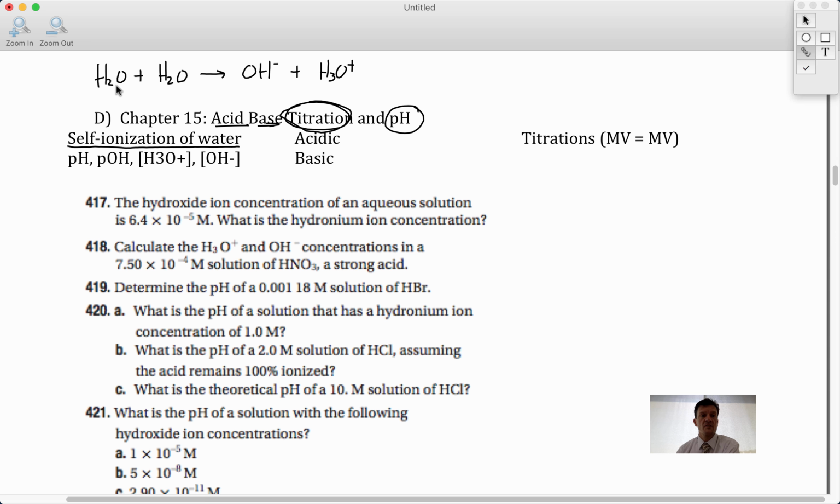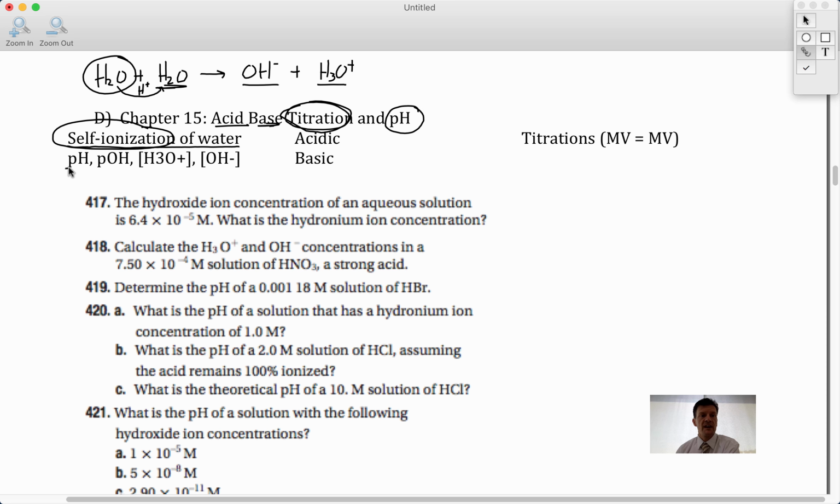So one of the waters will donate an H+ to another water molecule. The first water molecule then turns into hydroxide ion. The second water molecule turns into hydronium. This is what is called the self-ionization of water. It happens to a tiny extent, but it still happens, and you need to be aware of it. Okay?